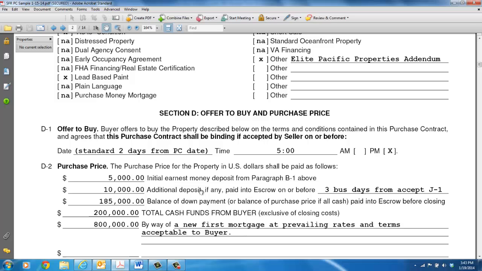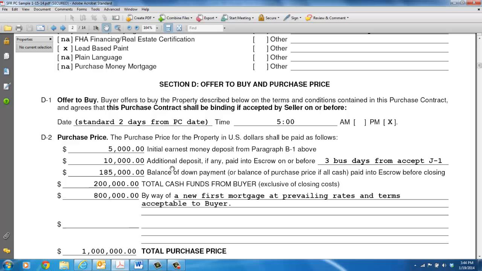So remember we discussed that this is a sample contract based on a $1 million offer price, 20% down, which is $200,000. And how are we going to split up these deposits? So we discussed that the additional deposit, the more you put down, the better your offer. So you want to make it as strong as possible, but again, whatever the buyer is comfortable with.